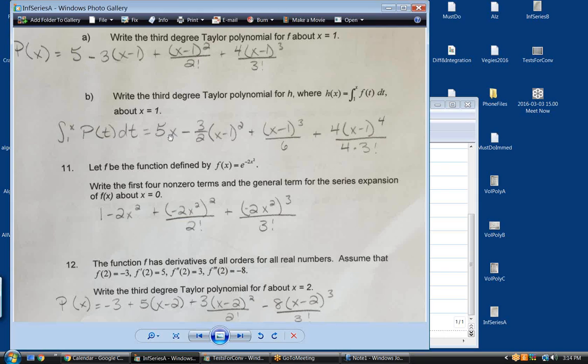The integral of 5 is 5x. So this term is the integral of this term, and this second term is the integral of this second term. If you integrate each of these 4 terms in this third degree polynomial, you'll get these 4 terms down here.